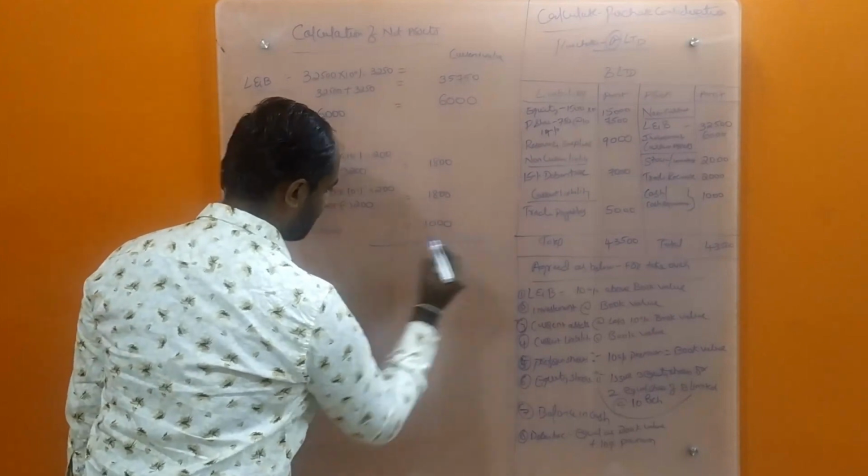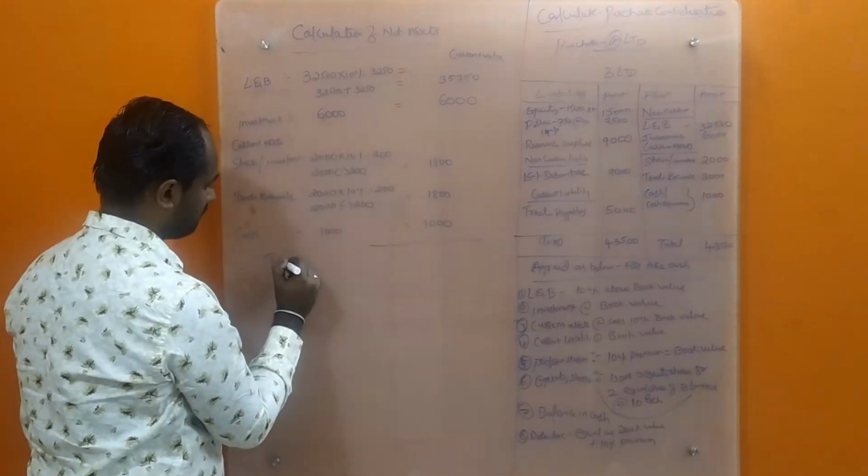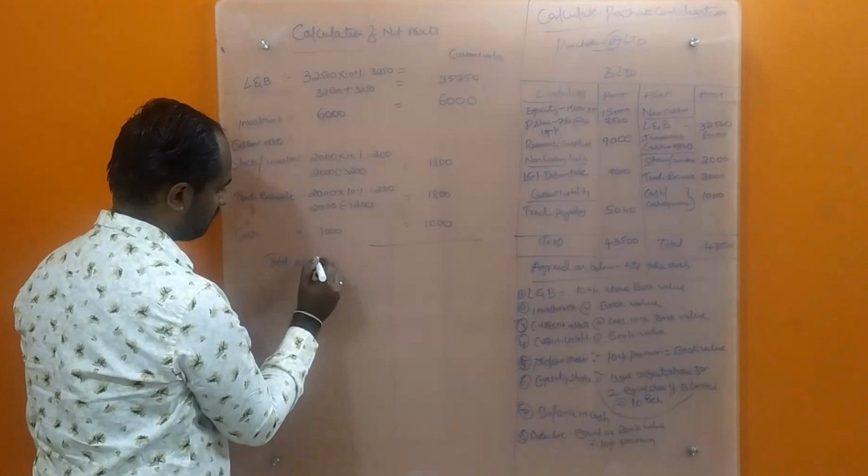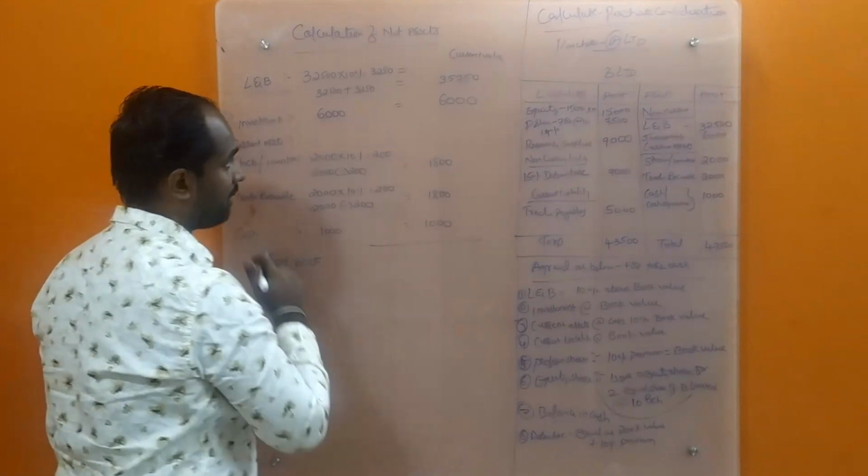So now the total asset. How much do we have?